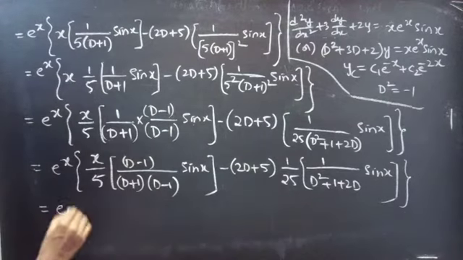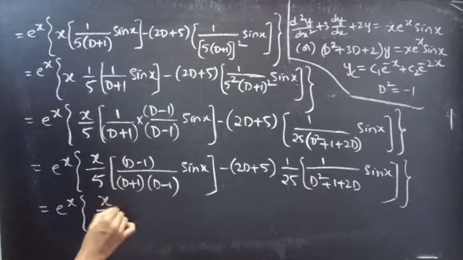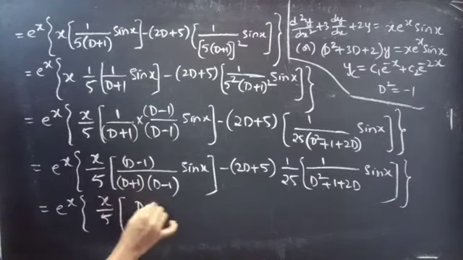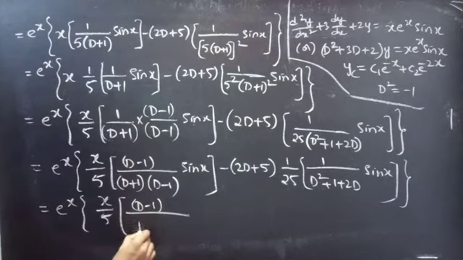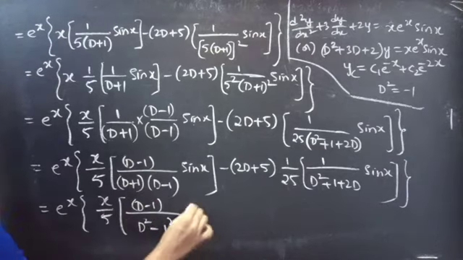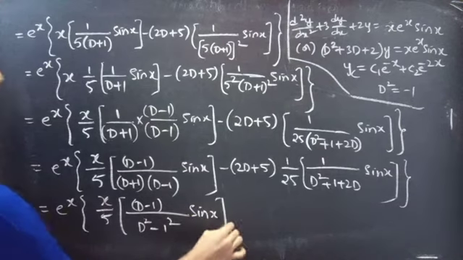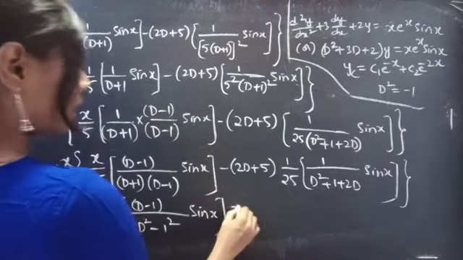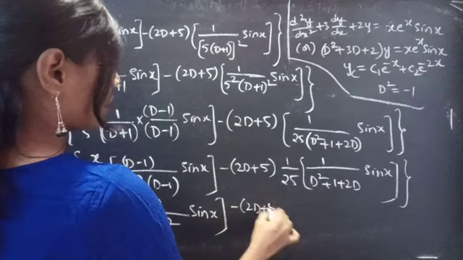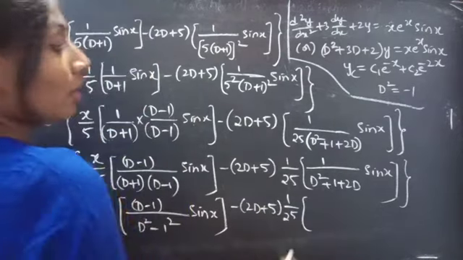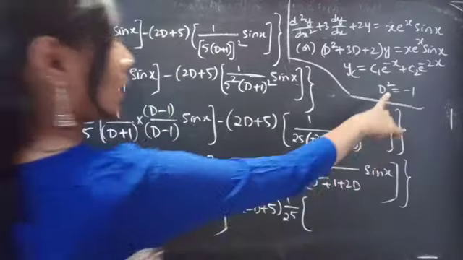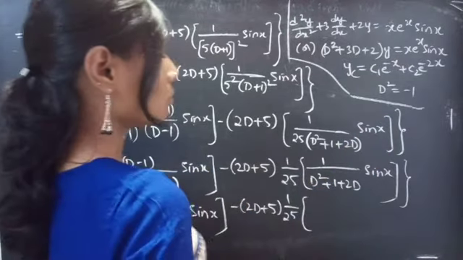This equals e power x into x by 5 into d minus 1 by, the denominator is of the form a plus b into a minus b, so we can write it as d square minus 1 square into sin x, minus 2d plus 5 into 1 by 25 into, now replace d square with minus 1. What happens if we replace d square with minus 1?